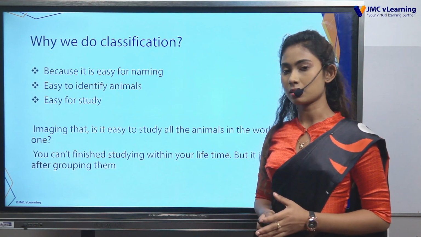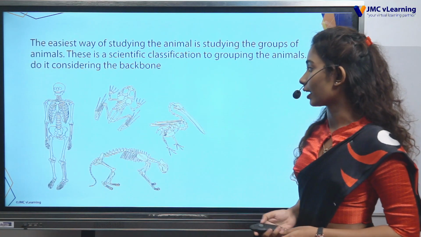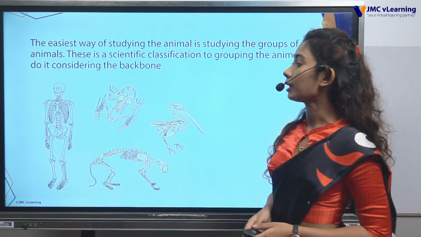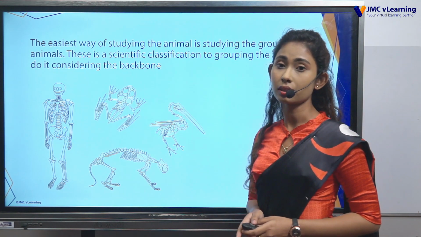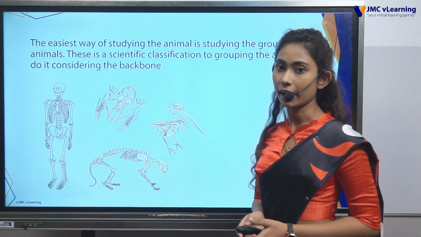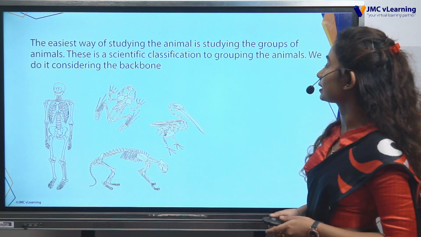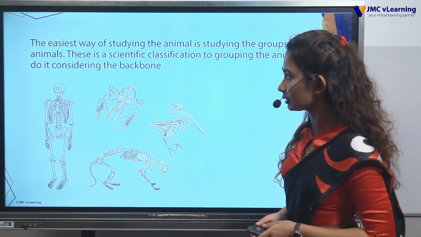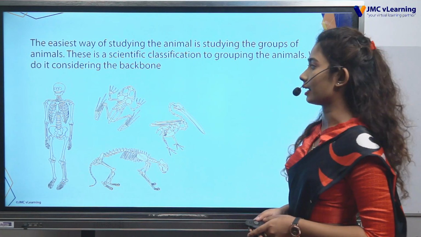Scientists do the classification in a scientific way. Here, they use the backbone as the method to classify the animals. The easiest way of studying animals is studying groups of animals, and there is a scientific classification to group animals.